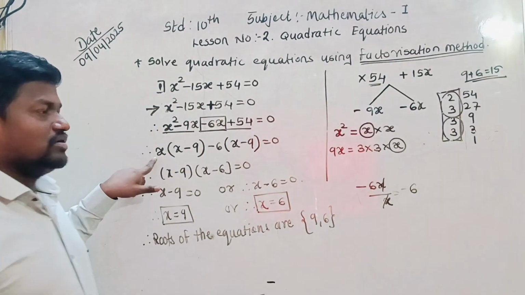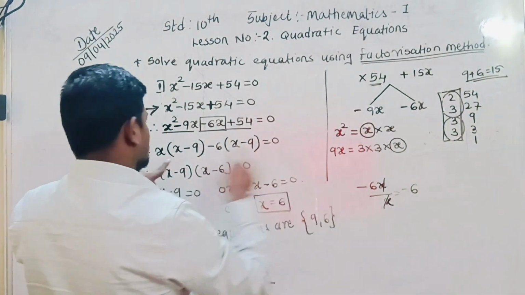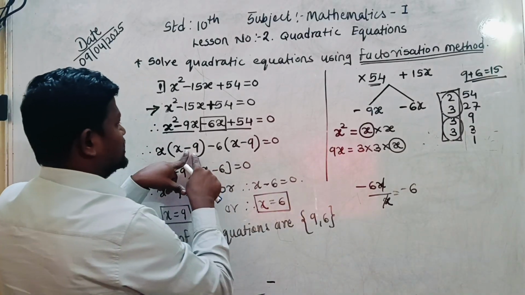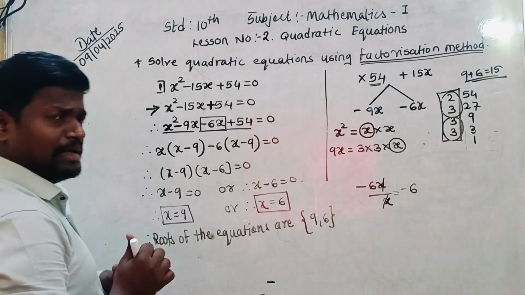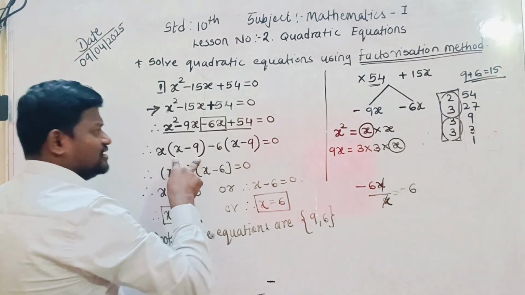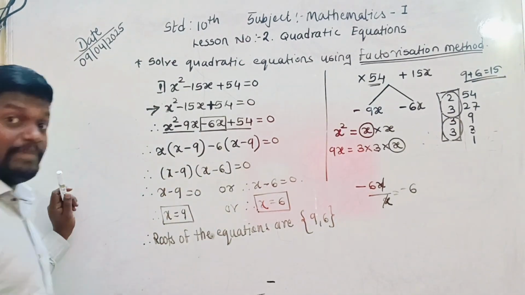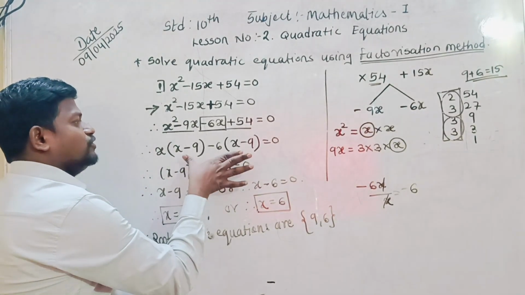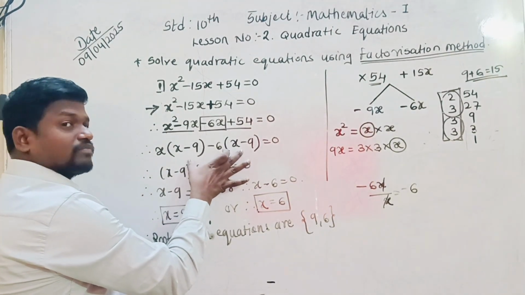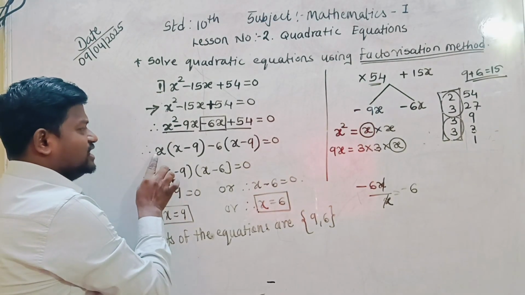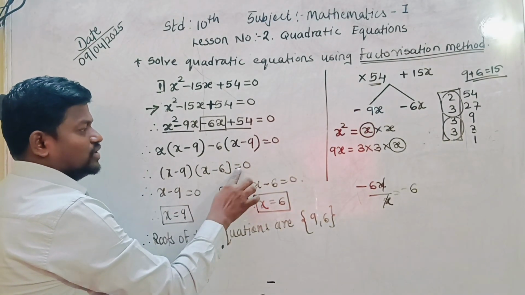Write down the remaining factors: x in bracket, minus sign, and 3 3s are 9. Then leave space, and repeat this bracket. Then write down the common bracket, that is x minus 9, and the new bracket is x minus 6 equal to 0.